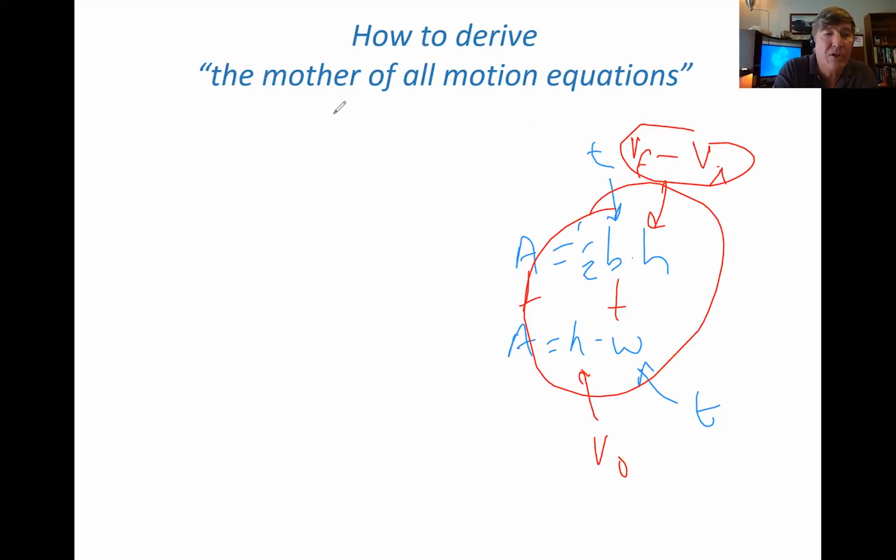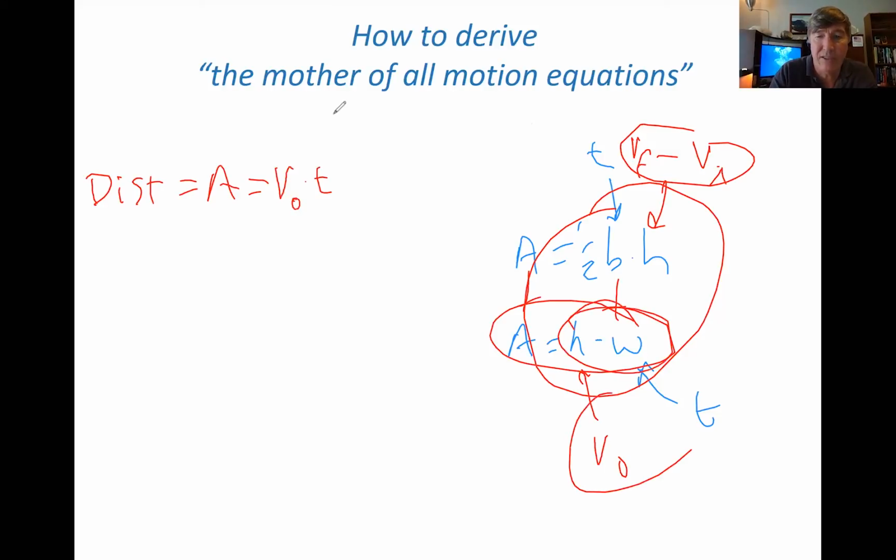Okay, so the distance, which is equal to the area, is going to equal the area of the rectangle, which is V naught times t, because that's height times width, plus the area of the triangle, which is 1/2 base times height, but my base is t, and my height is V final minus V initial.